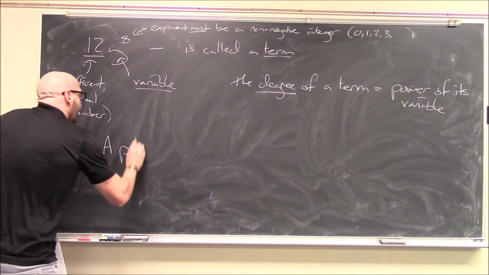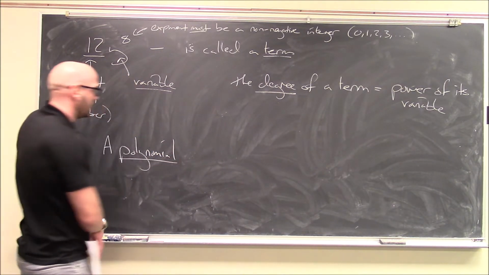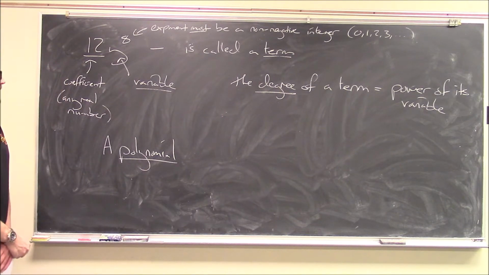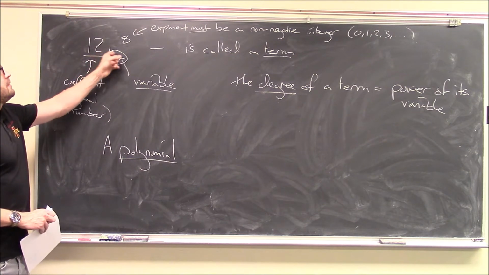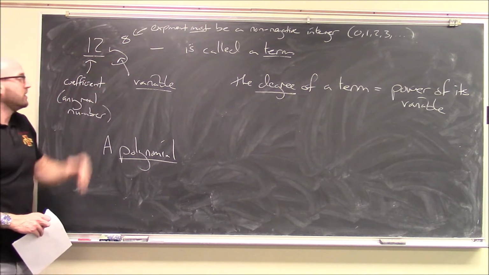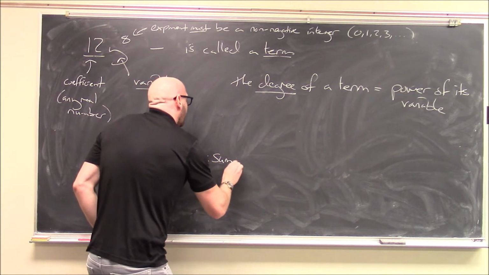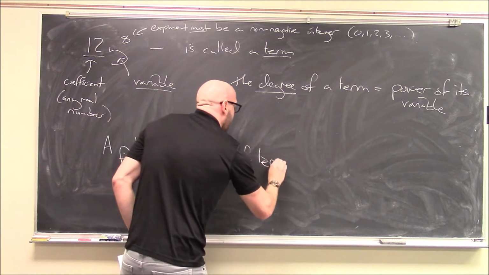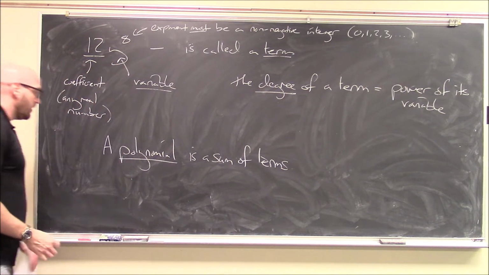So why are we talking about terms? What we really want is polynomials. And a polynomial is just a sum of terms. So it's a sum of a whole bunch of expressions that look like this. A polynomial is a sum of terms. And that's all that a polynomial is.